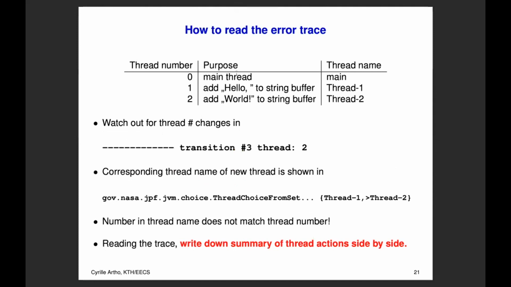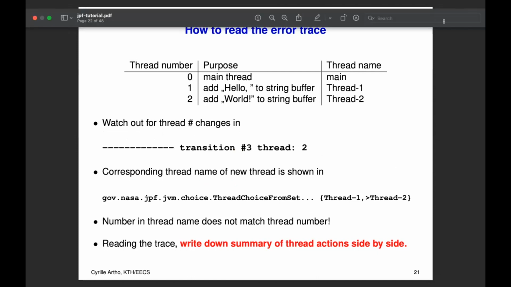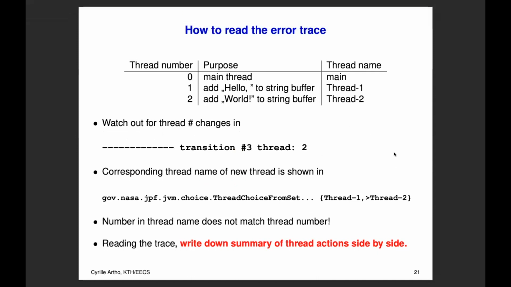And the trace shows all the threads that occur in the program. So we have a main thread that initializes the two worker threads later on, and I try to get the mouse cursor away a bit. Then we have thread 1 that adds hello to the buffer, thread 2 that adds world.